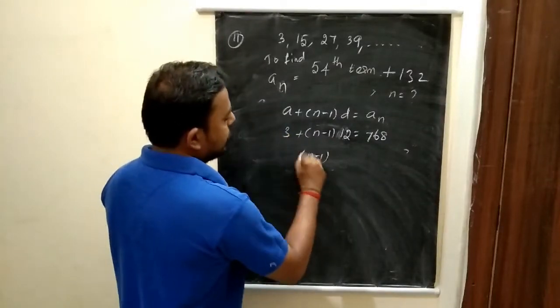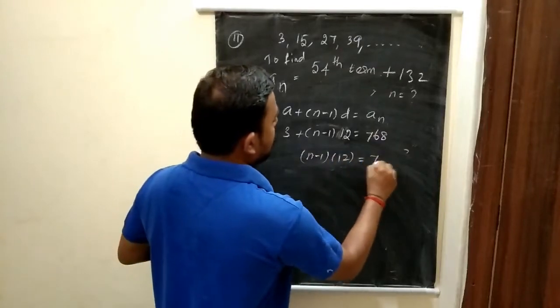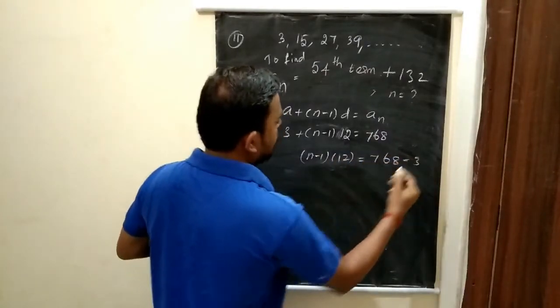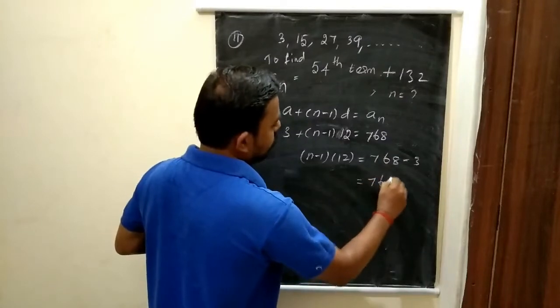n minus 1 into 12 equals 768 minus 3, so 765.